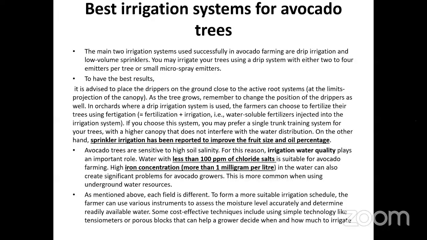Some of these boreholes have a higher concentration of iron, and more than 1 milligram per liter of iron in the water can also create significant problems for avocado growers. That's it. I welcome any questions, and thank you so much.